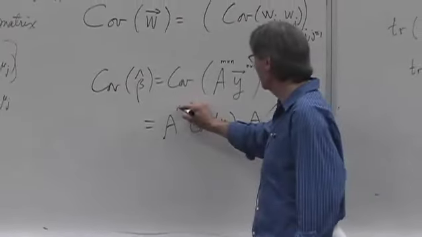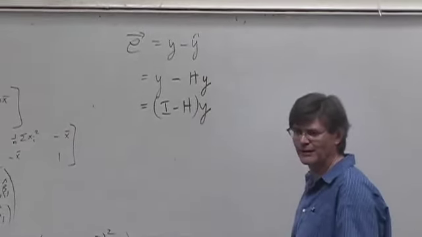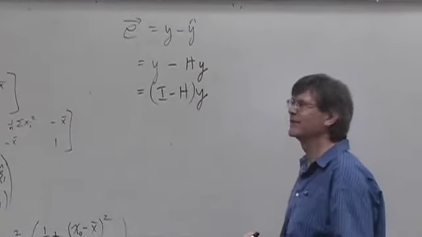So e is simply going to be y minus y hat, which equals y minus Hy, which equals (I minus H) times y, where H was that fancy looking thing, X (X prime X) inverse X prime.